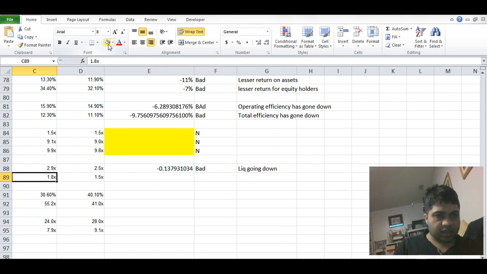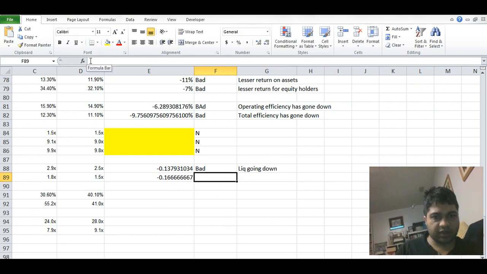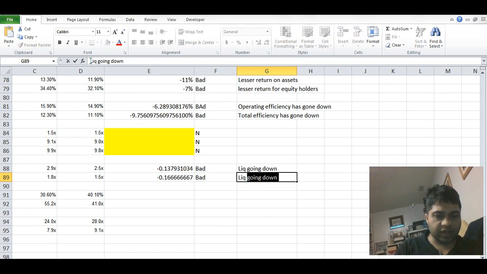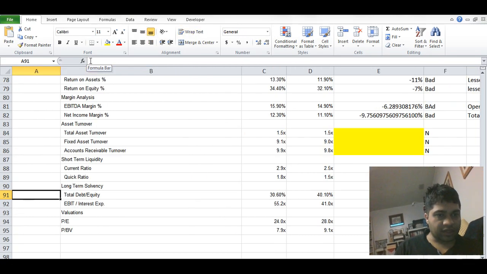Even quick ratio is going down, so it is 1.5 divided by 1.8 minus 1. So 16%, that is also bad. So liquidity again going down. Quick and current both indicate liquidity. Quick is better because it doesn't consider inventory, which is generally illiquid.